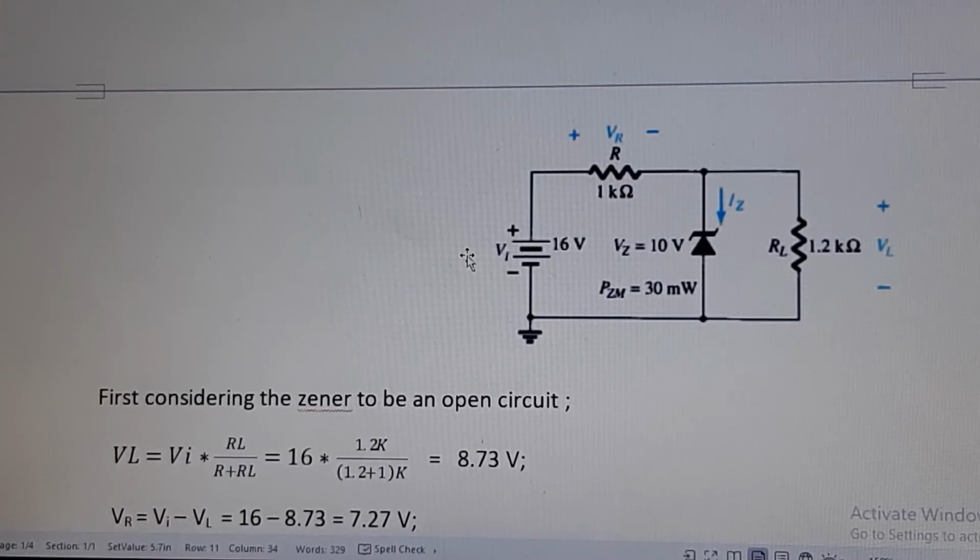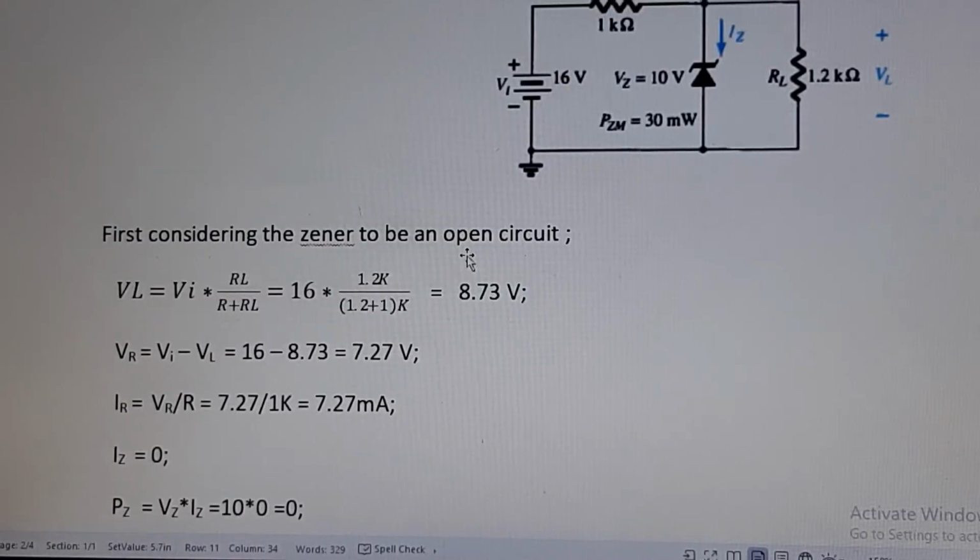At first we can find VL. Here VL will be Vi into RL by R plus RL, that is the previous equation. If we put the values, VL will be 16 into 1.2 kilo ohm by 1.2 plus 1, that is 8.73 volt. And 8.73 is less than 10 volt, that is less than the Zener voltage.